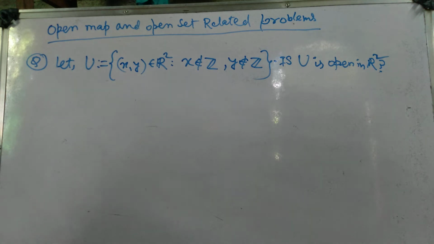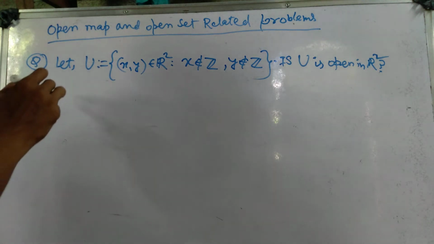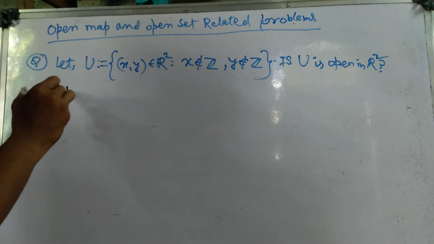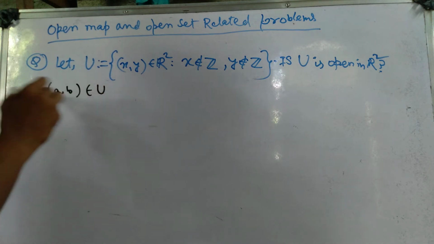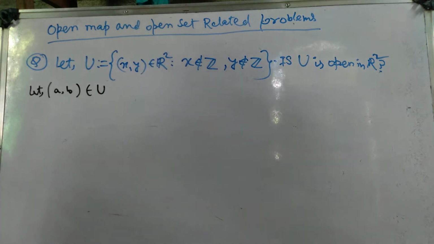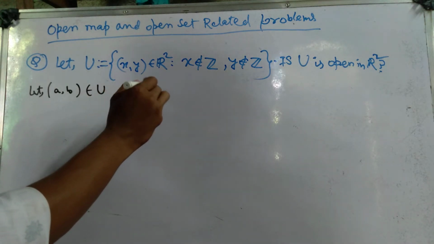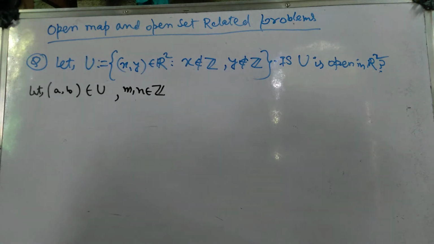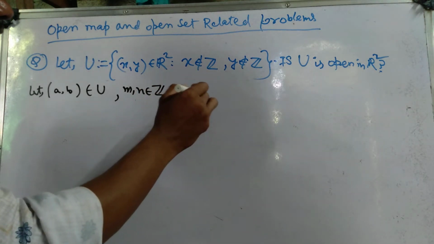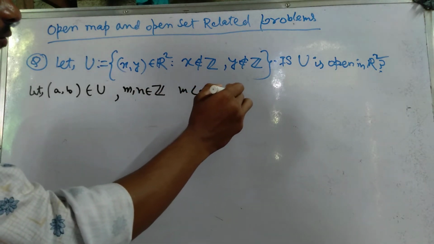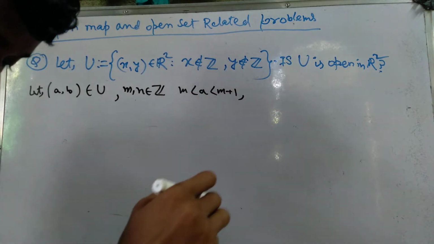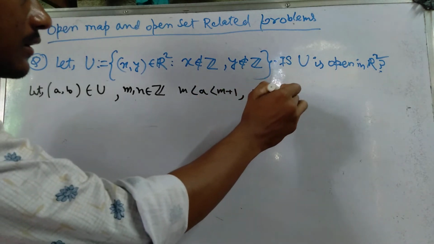Now we take (a, b) belonging to U. Let (a, b) belong to U and (m, n) belong to Z such that m less than a less than m plus 1 and n less than b less than n plus 1.